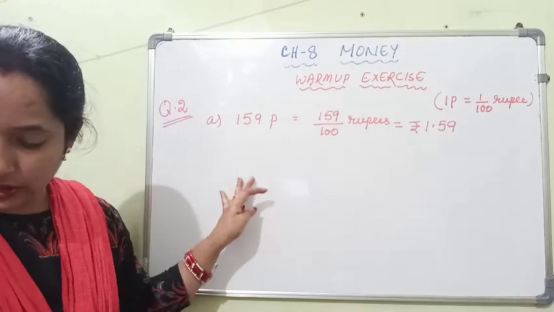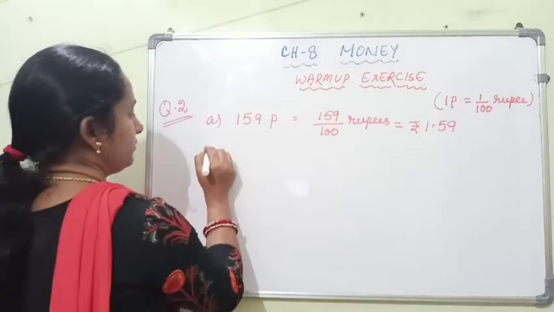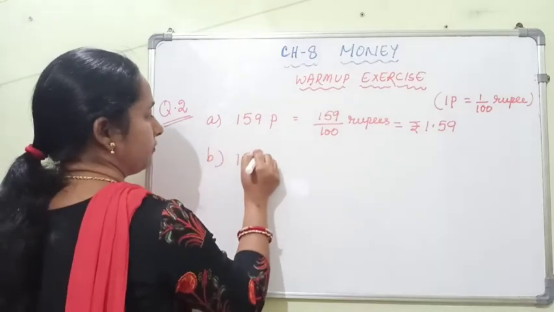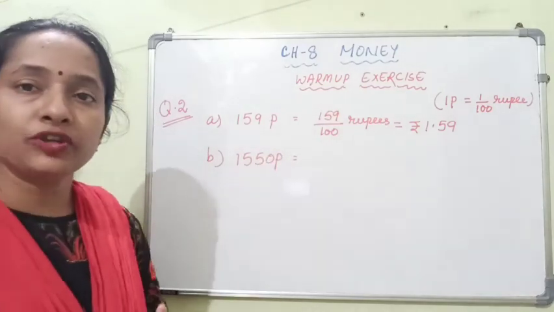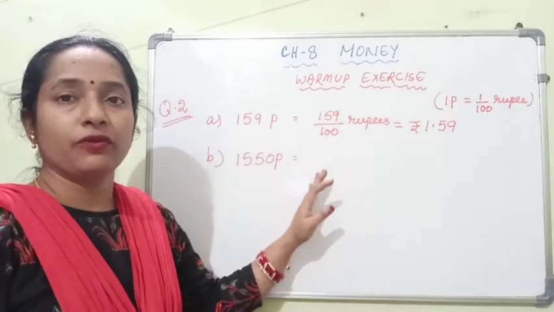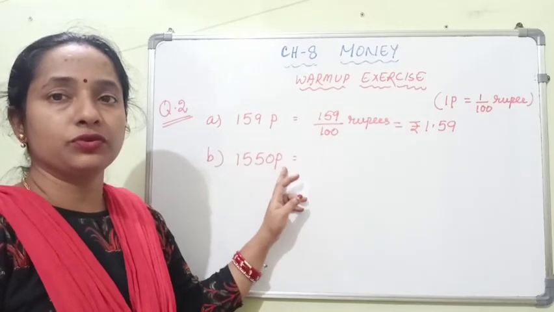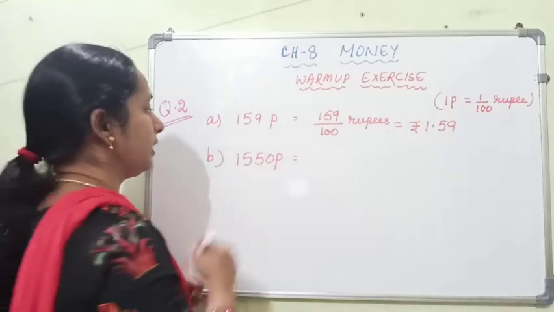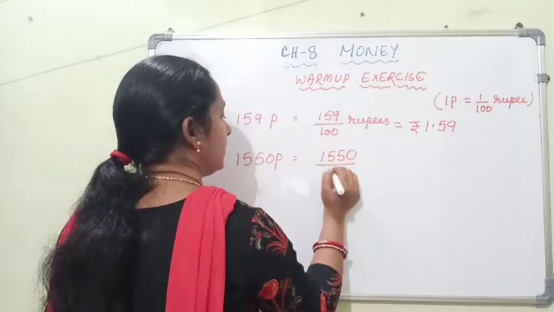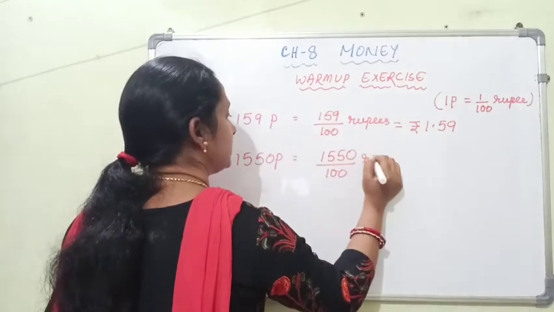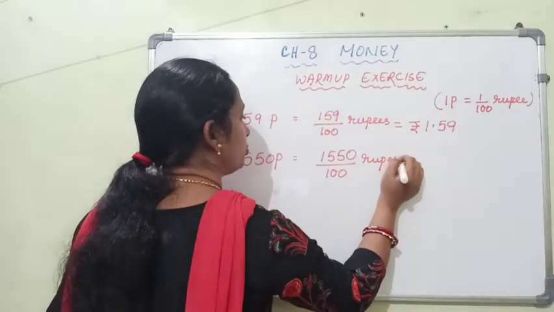Understood? Next you have 1550 paise. So here also it is the same. Whenever you convert paise to rupees, what do we have to do? We have to divide this by 100. Now you get 1550 by 100, and your paise converts to rupees.